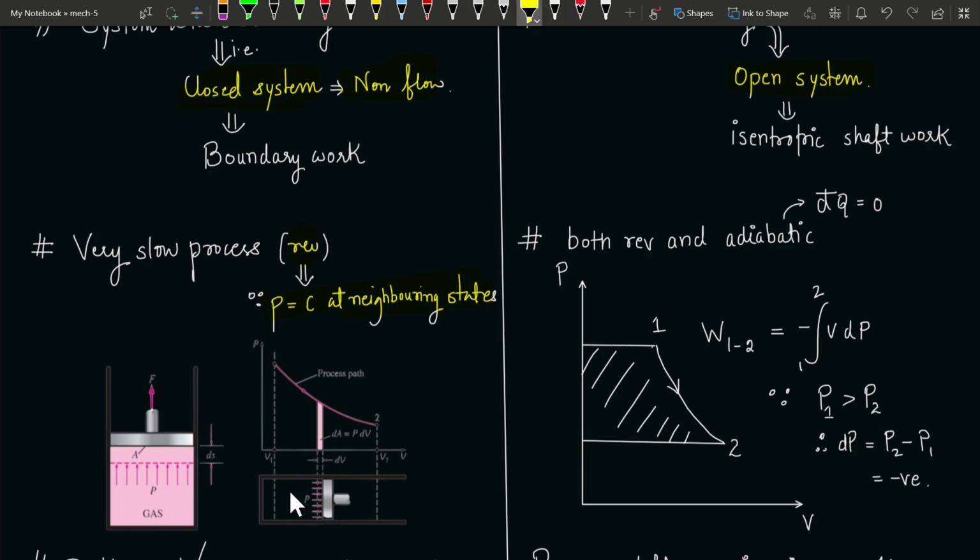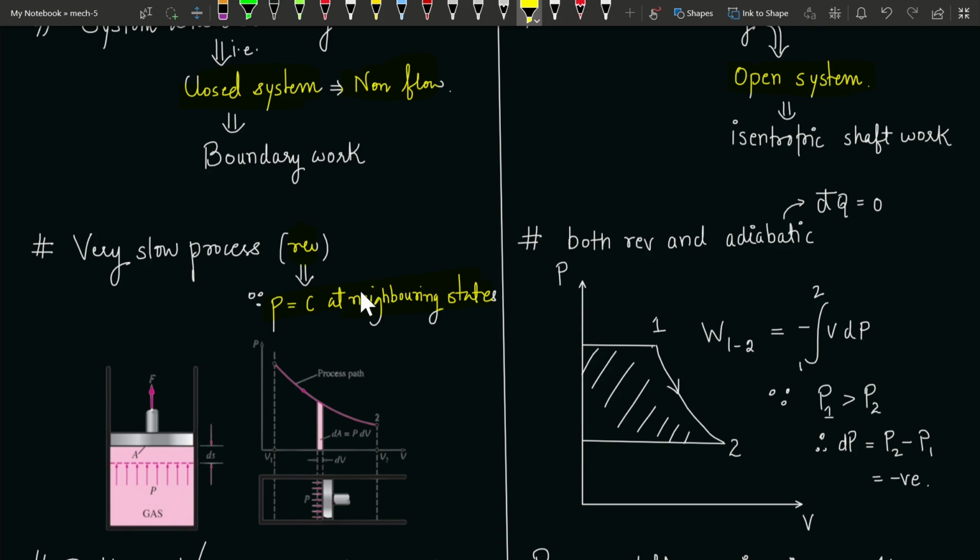There is some displacement, and that displacement is giving us some change in volume. If you just see the two neighboring states, the pressure you'll see is somewhere equal, right? The pressure is not changing between neighboring states. Therefore we consider it reversible because it is a very slow process.